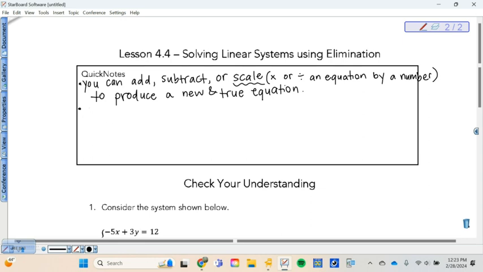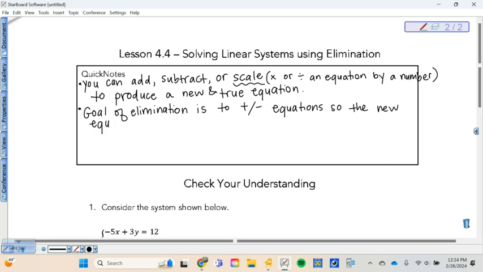Okay, so the goal of elimination is to add or subtract equations so that the new equation has only one variable in it.